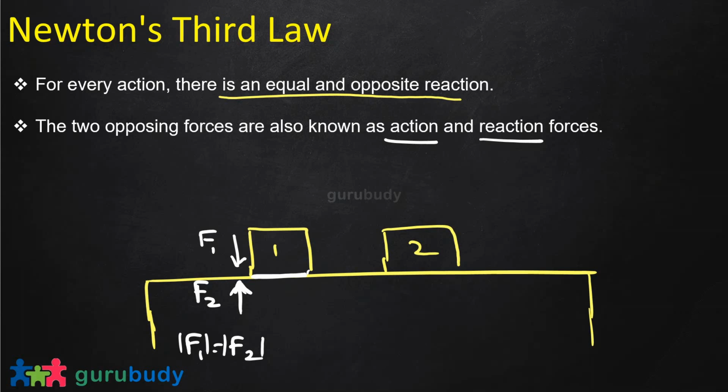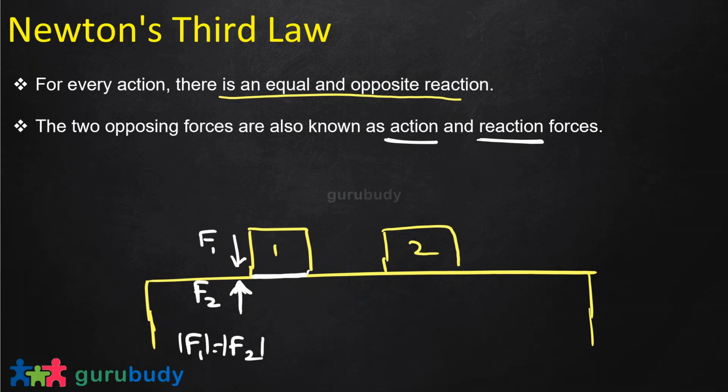That is the reaction force. We learned this before in our force lecture: whenever there is an interaction, there is a force, and those forces always come in pairs, action and reaction, equal in magnitude and opposite in direction.